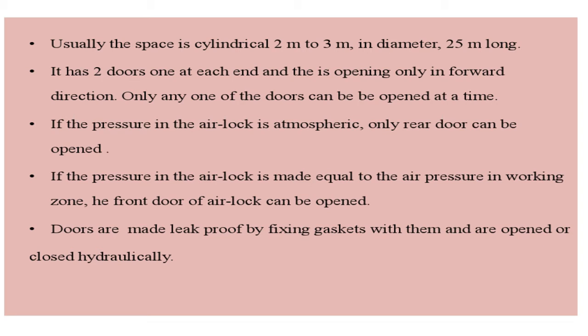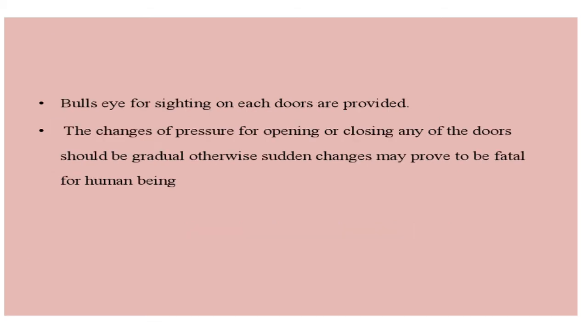And if you have to open the front door, then the pressure in the working zone is to be made equal to the pressure in the airlock. When this happens, only then the front door of the airlock can be opened. Now we have to ensure that no leaking is there, so in order to make them leak proof, gaskets are fixed, and the opening and closing is done hydraulically.